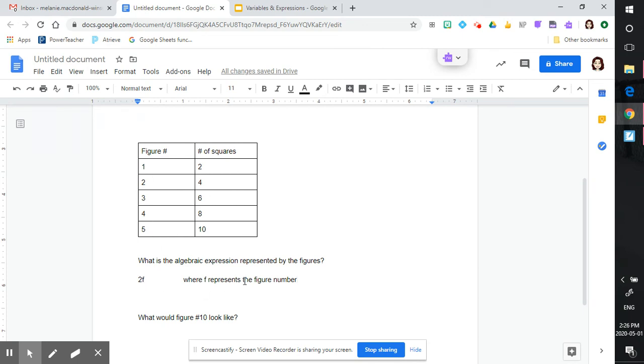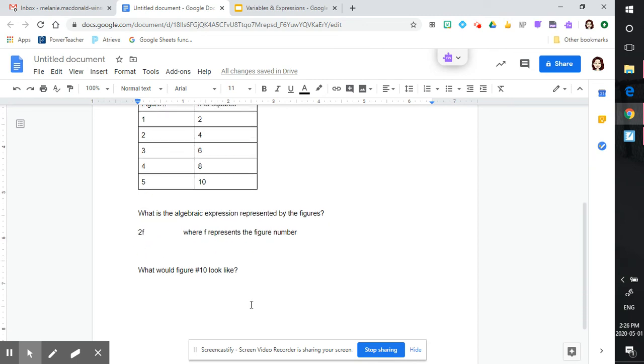So f represents the figure number. What would figure number 10 look like? So I know that all I have to do to figure out the number of squares in figure 10 is do 2 multiplied by the figure number. So I'm going to do 2 multiplied by 10, and that gives me 20. Figure 10 would have 20 squares.